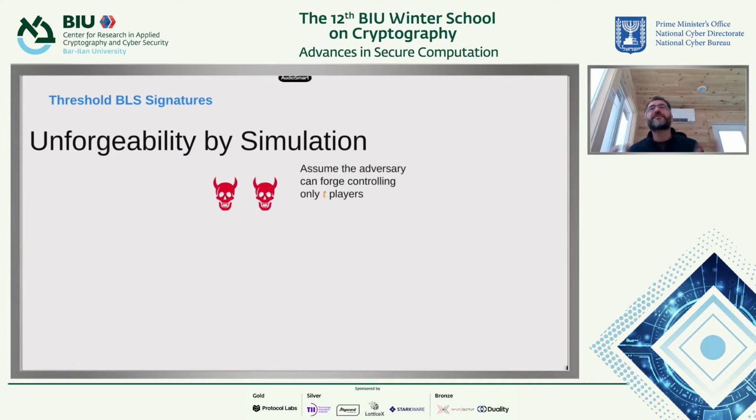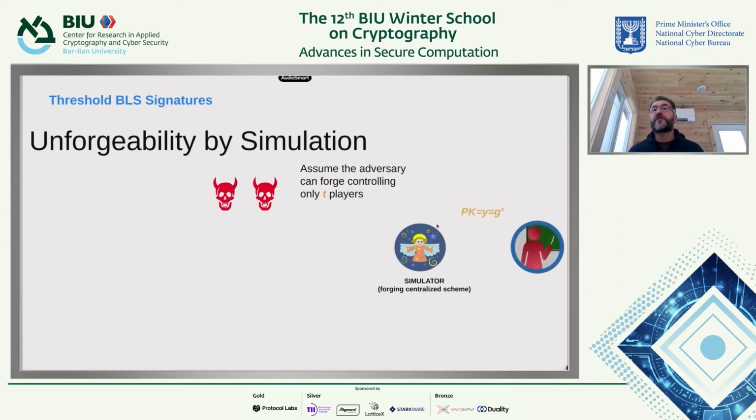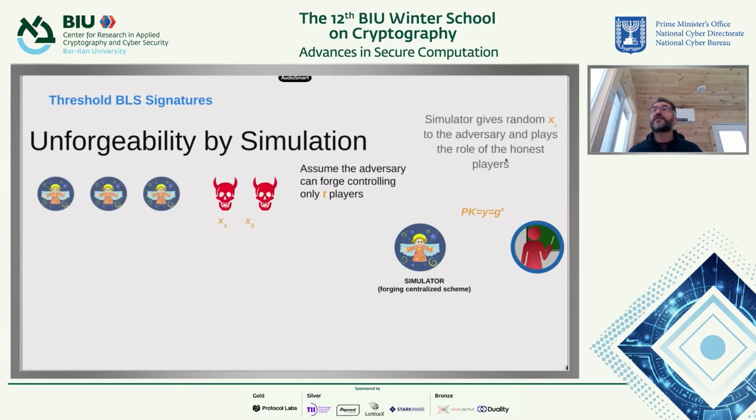So let's assume that there is an adversary that can forge controlling only T players, so in our case, 2. We're going to build a simulator, and the simulator will forge the centralized scheme. The simulator runs on input a public key, which is y = g to the x. What is the simulator going to do?